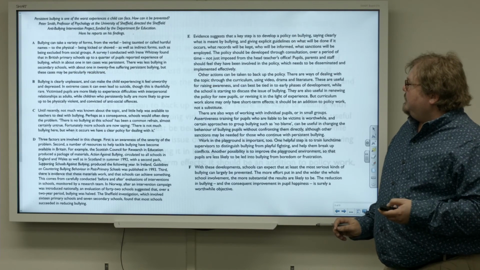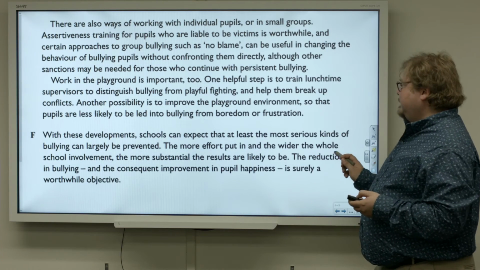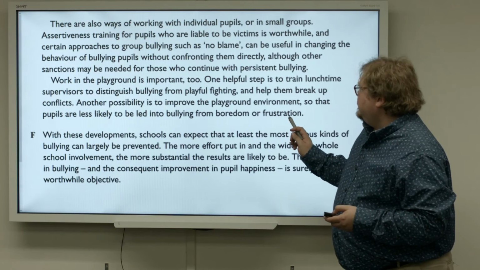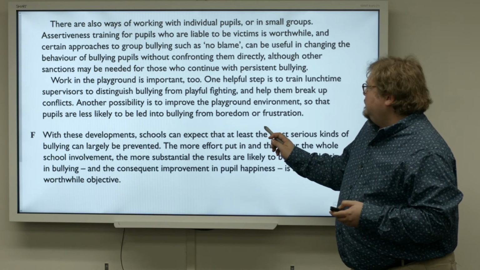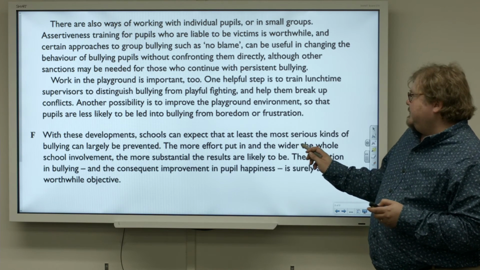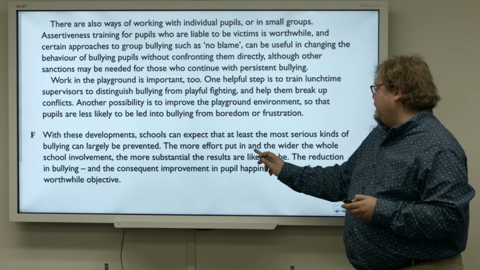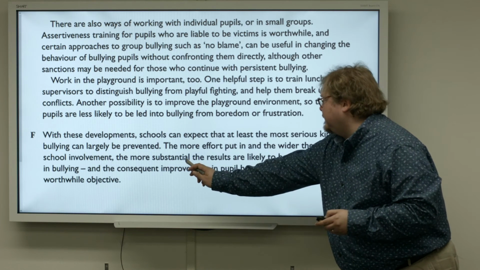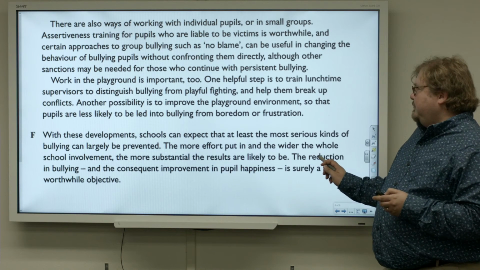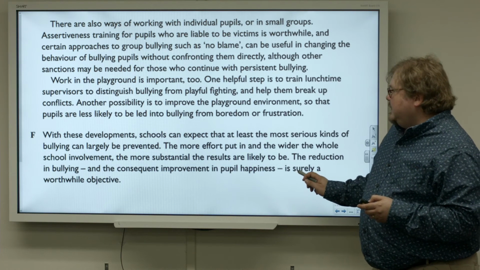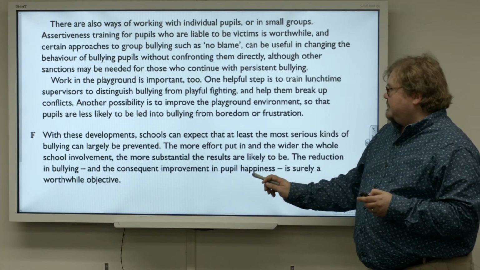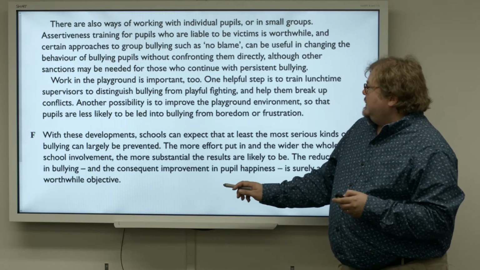So the difference between bullying, where did we have it here? The most serious kinds of bullying can be prevented. The more effort put in, and the wider the whole school environment, the more substantial the results are likely to be. The consequent improvement in pupil happiness is surely a worthwhile objective.